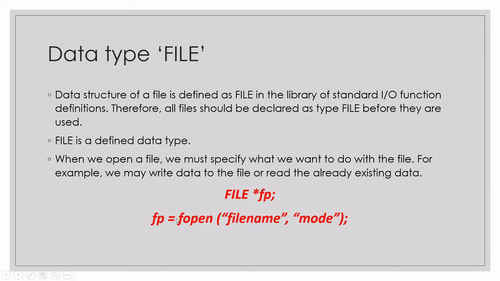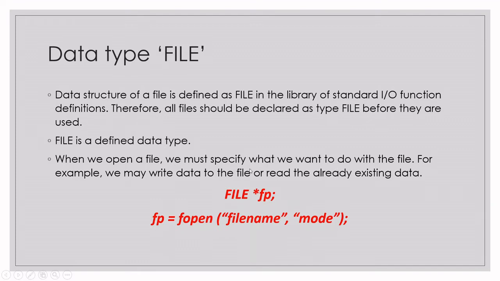So when we use the fopen function, we use two arguments. The first argument is the file name. We give the extension also, like a.txt or hello.txt. And the second is mode. Mode means in which mode the file should be opened, as read mode or write mode. When we open a file, we must specify what we want to do with the file.